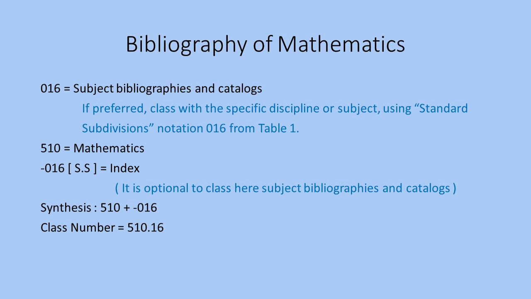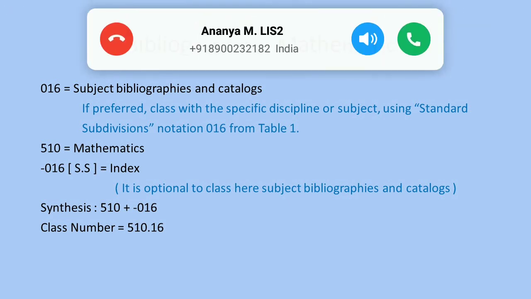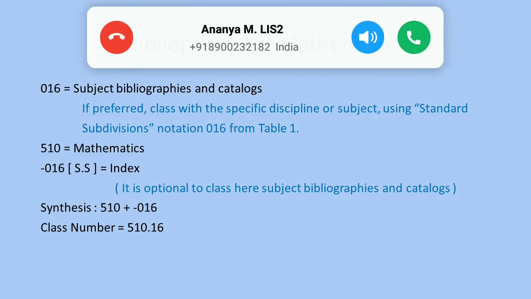If you have to add the notation of table 1 and the last digit of your main class is also 0, we know the notation of table 1 starts with 0. All the notation of table 1 starts with 0.